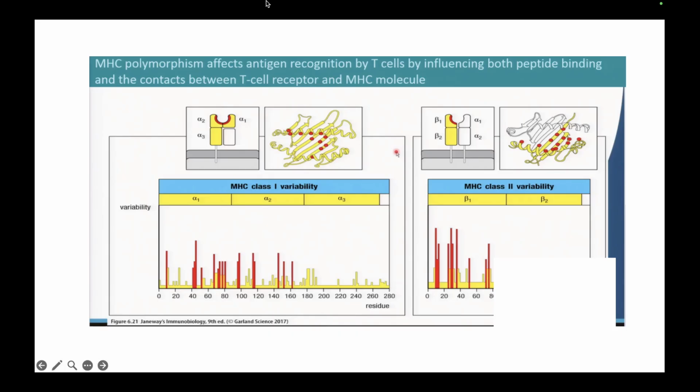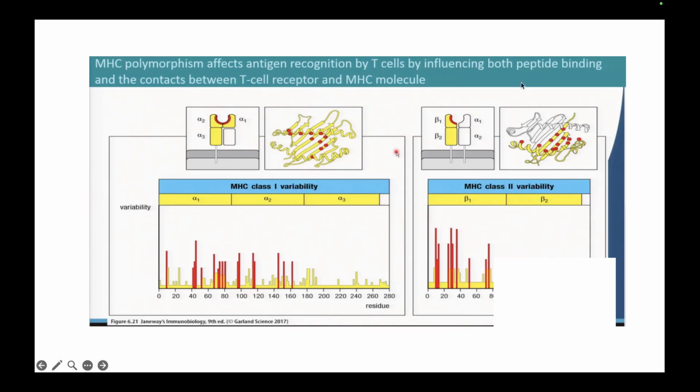That binding cannot differ, otherwise it will not even recognize its own T cells. So alpha 3 is not changed, but for binding with different kinds of antigen, there is a lot of polymorphism and variety of nucleotides in these places.